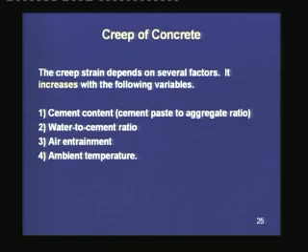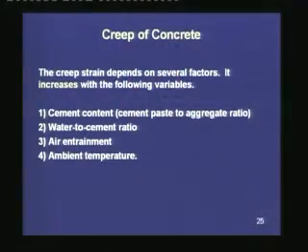The creep strain depends on several factors. It increases with the following variables: cement content, which is measured as a cement paste to aggregate ratio. This means the more cement paste we have, the higher the chance of creep. The second is the water to cement ratio.